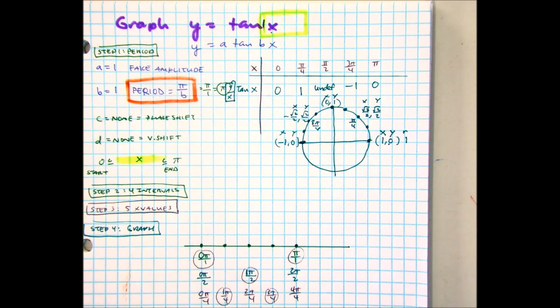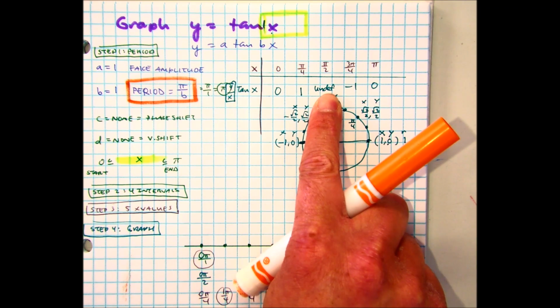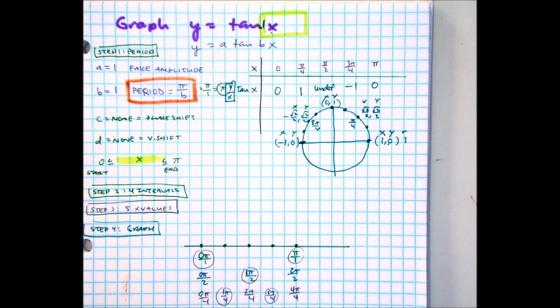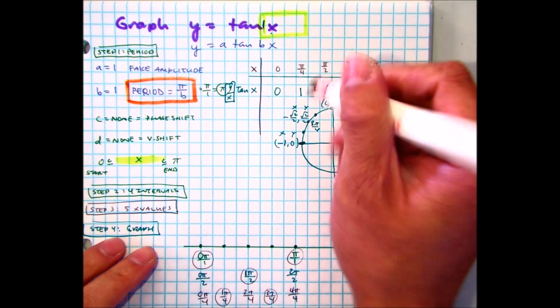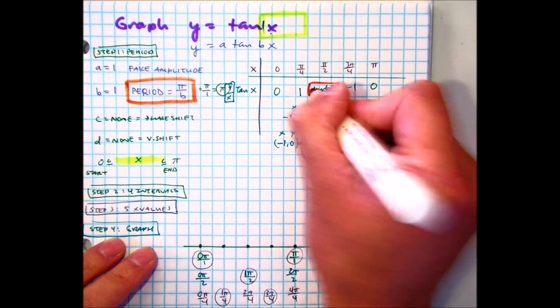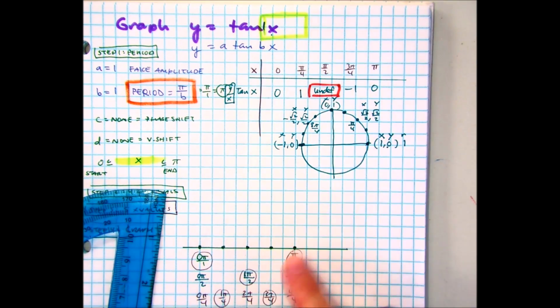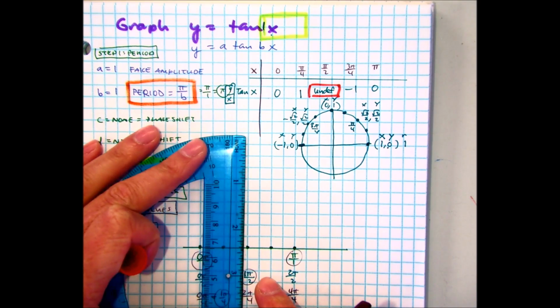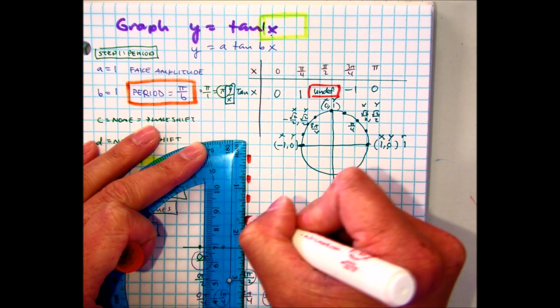The first one I want to graph is undefined. Class, what does undefined look like? It's an asymptote. So, on my graph, at pi over 2, I'm going to draw a dotted line. A graph cannot exist there.